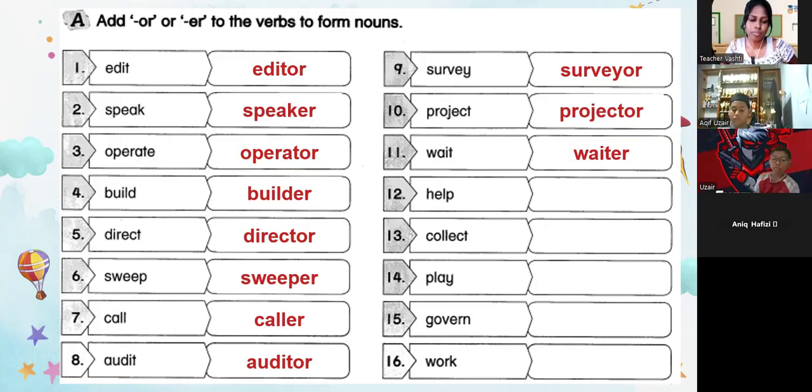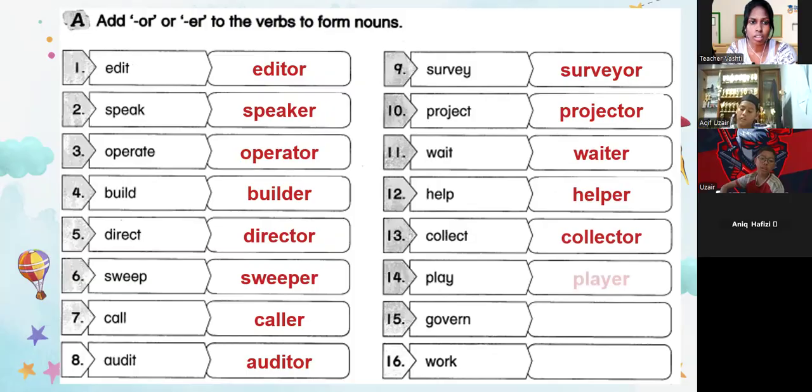Number 12. ER. Number 13? OR. Good. Number 14? ER. Number 15? OR.